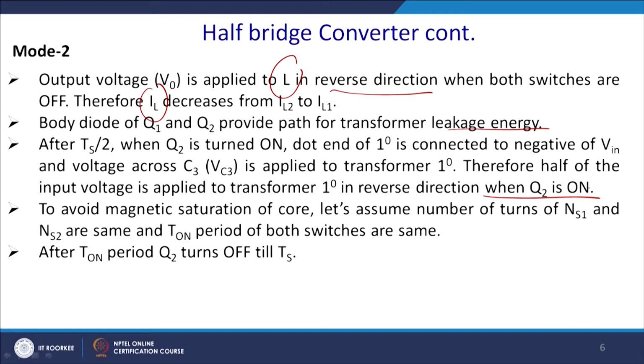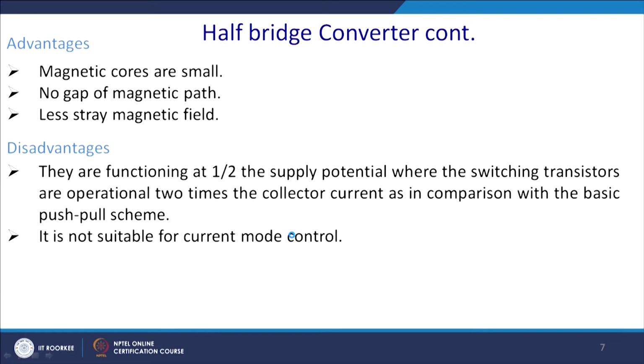To avoid magnetic saturation of the core, let us assume the number of turns of NS1 and NS2 are the same and the turn on period of both the switches is the same. After T on, Q2 is turned off till the end of the duty cycle, that corresponds to Ts.